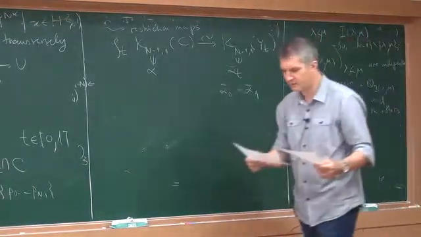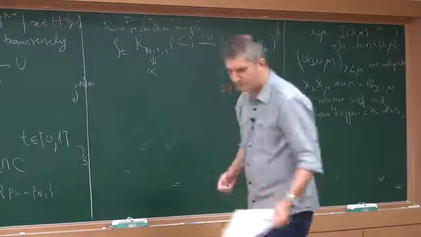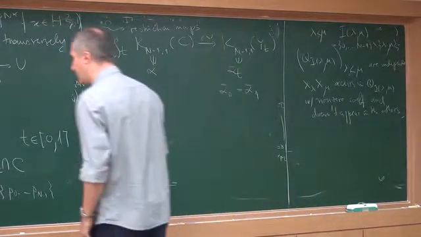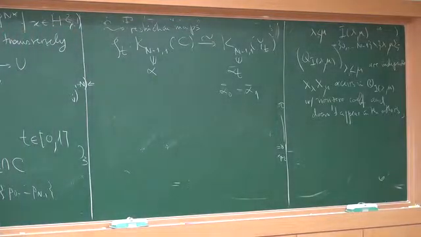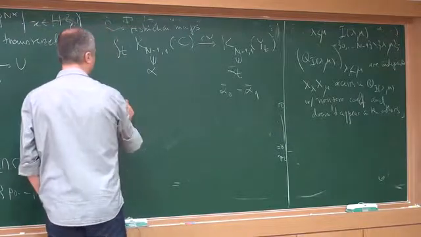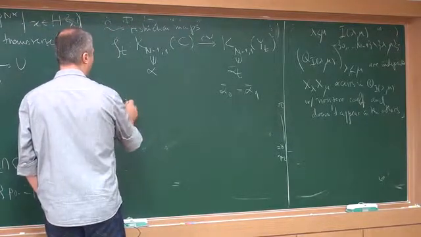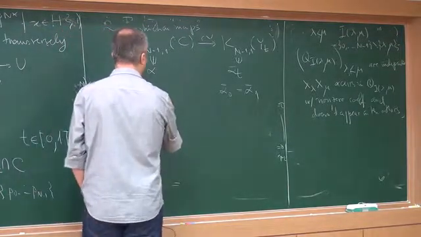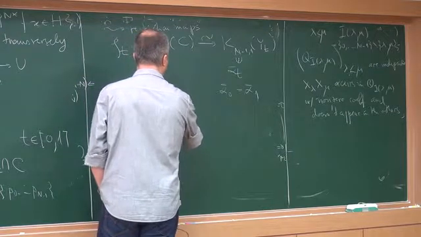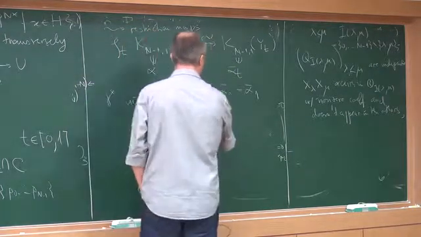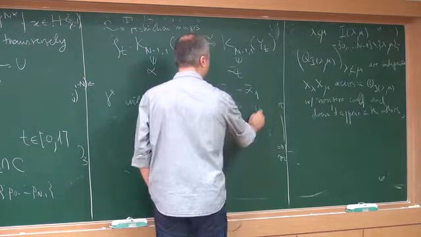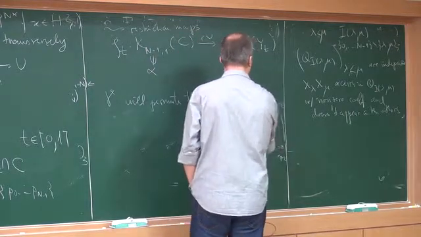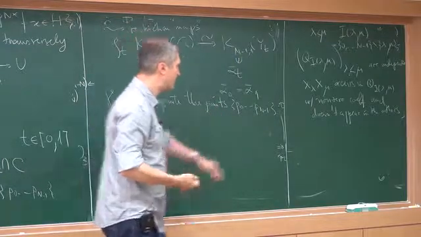So this will permute the points. Let's take a loop. Let's call this loop gamma. So gamma will permute the points P_0, ..., P_{n-1}. And how is it realized?